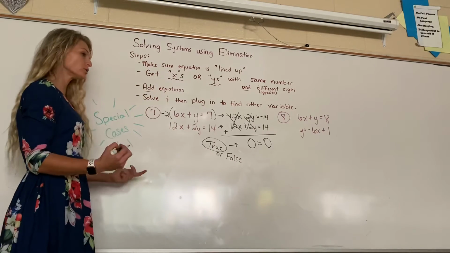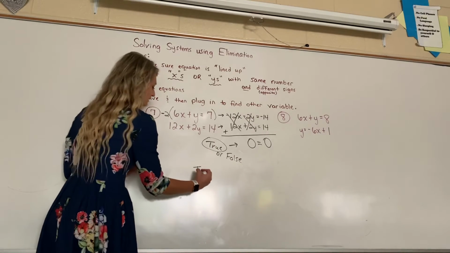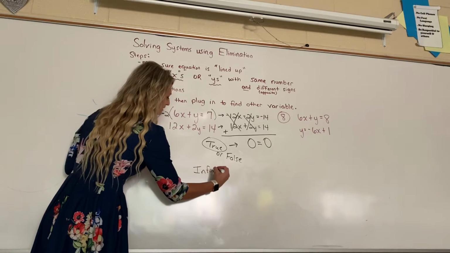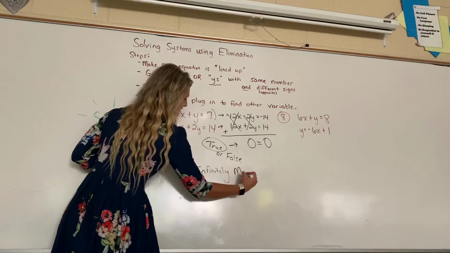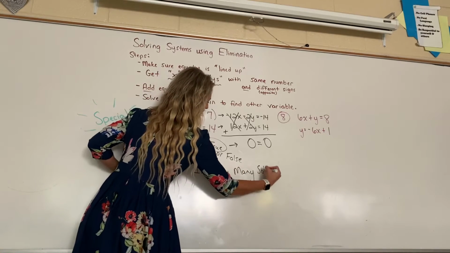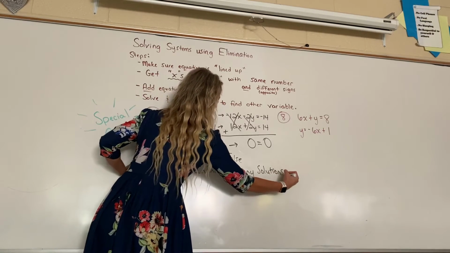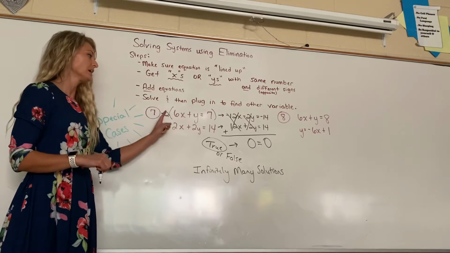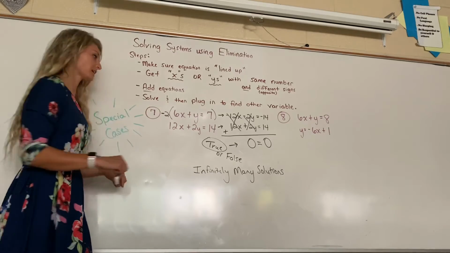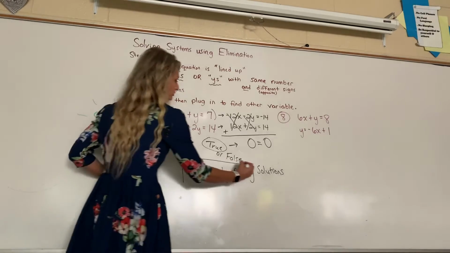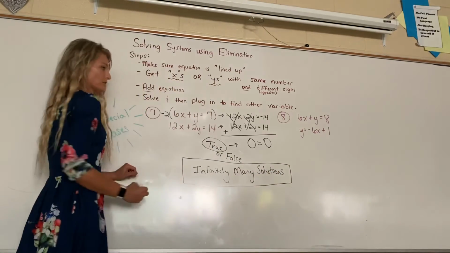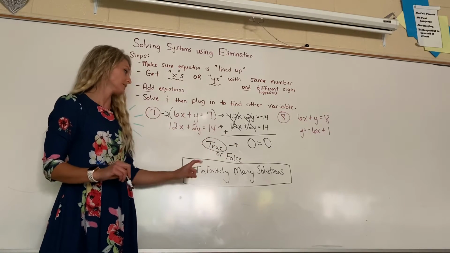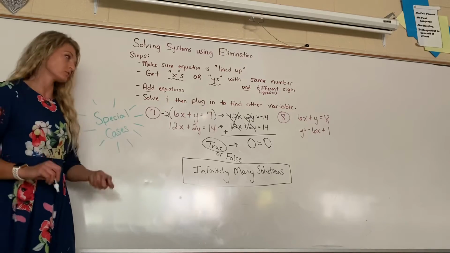So when that's true, that means you're going to have infinitely many solutions to that problem. Meaning there's going to be a whole bunch of different x and y's that you can plug into that equation that will also work in that one. So it's not going to have just one solution. It's going to have an infinite amount of solutions. So when this happens and it's a true statement, then your answer is infinitely many solutions, okay?